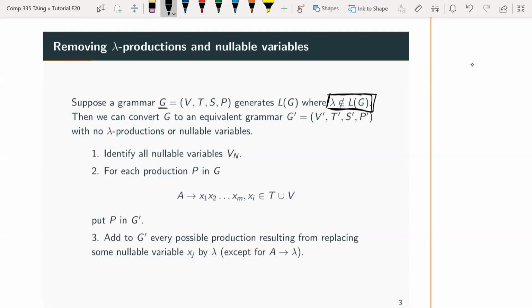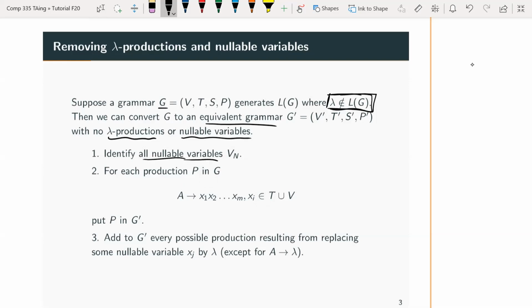And so given that grammar G, we can convert it to an equivalent grammar. It's important that the grammars before and after the simplification are equivalent, meaning that they generate the same language. So we can get an equivalent grammar G prime with no lambda productions and no nullable variables by doing the following steps. The first step is, you're going to want to identify all the nullable variables.